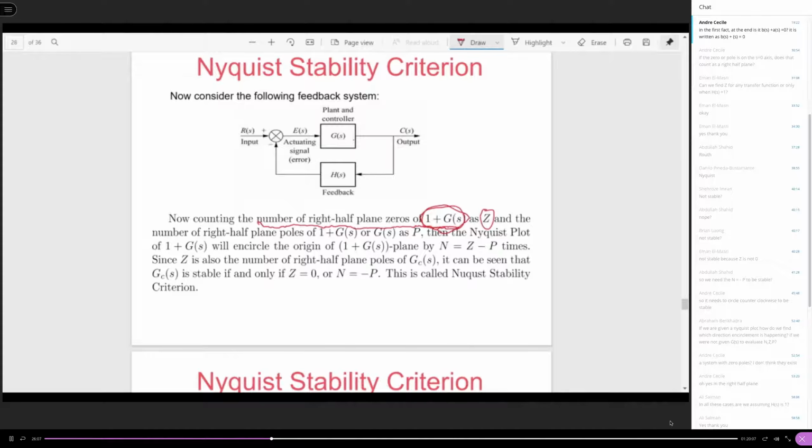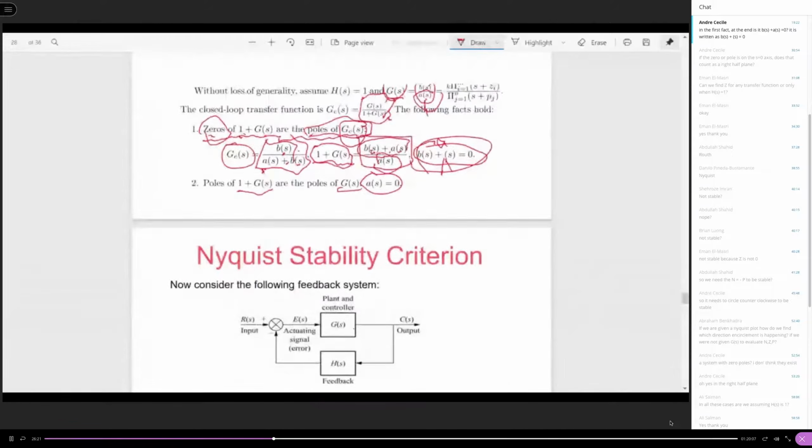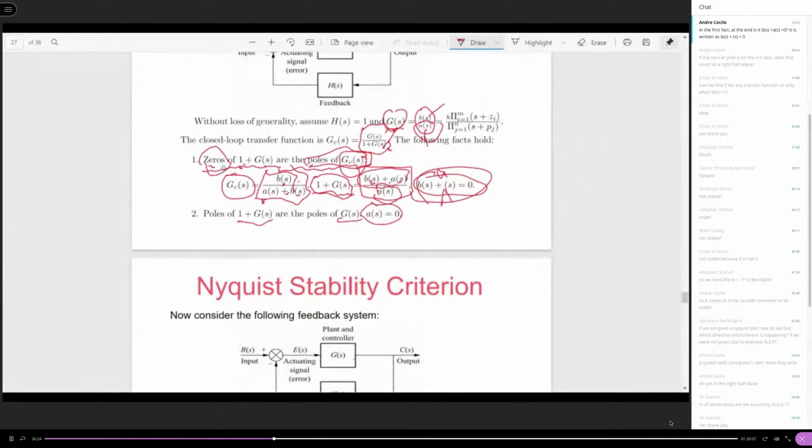then of course you can count how many right half plane zeros there are in this transfer function. We're going to indicate that as Z. I'm going to use the first factor here, because the zeros of 1 plus G(s) are the poles of the closed loop system.